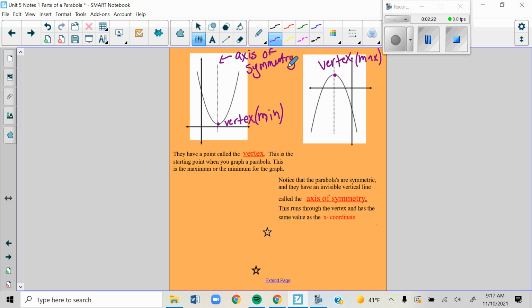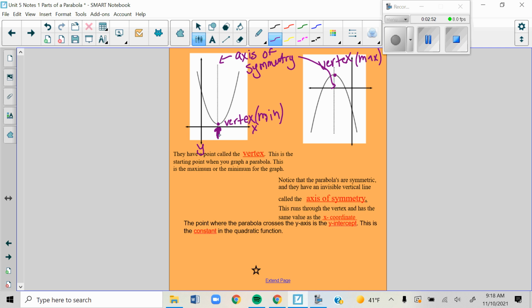Now notice the axis of symmetry goes right through the vertex. Okay, and so this axis of symmetry has the same value as the x coordinate in our vertex. Remember, this is our x and this is our y, and so our axis of symmetry runs right through the vertex and through the x coordinate of that.